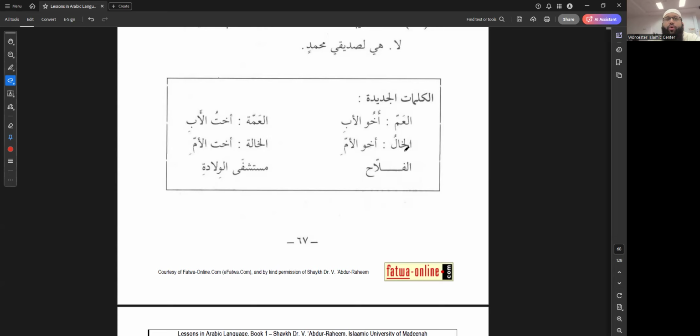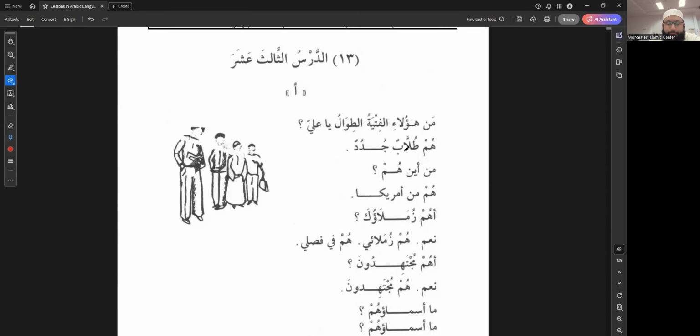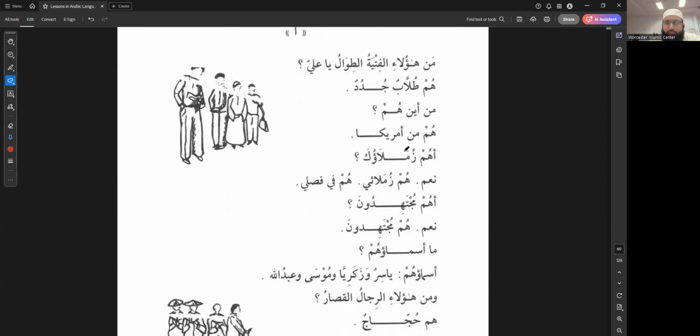Al-khalu is akhul ummi, the brother of the mother. And al-khalatu is ukhtul ummi, the sister of the mother. Al-fallah, farmer. And mustashfa al-wilada, this is مضاف مضاف إليه. مستشفى الولادة is maternity hospital. Okay, let's do 13 now.